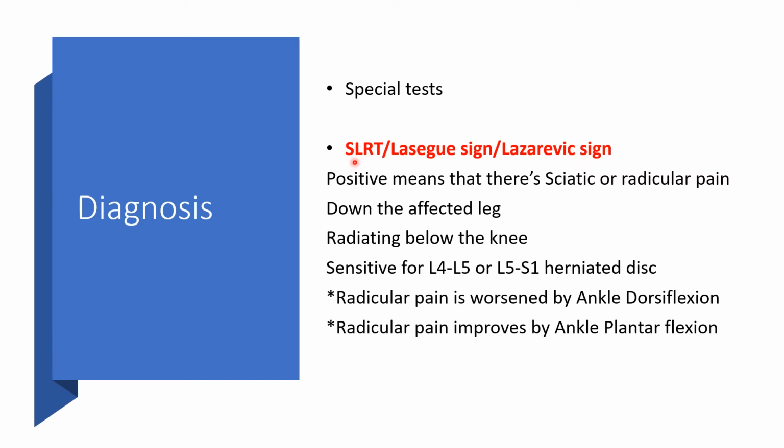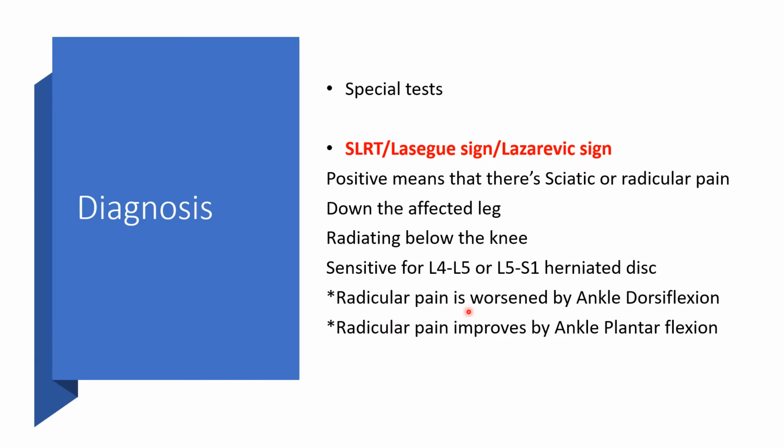So if straight leg raising test is positive, that means that there is sciatica or radicular pain, and it's going to be down the affected leg, radiating below the knee. That will be sensitive for L4 to L5 or L5 to S1 herniated disc.